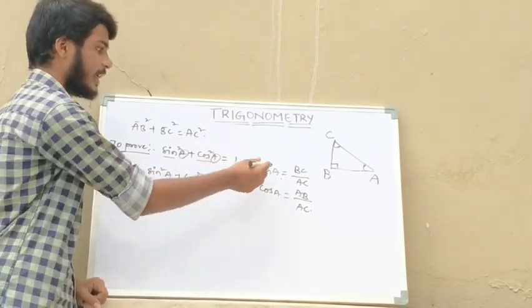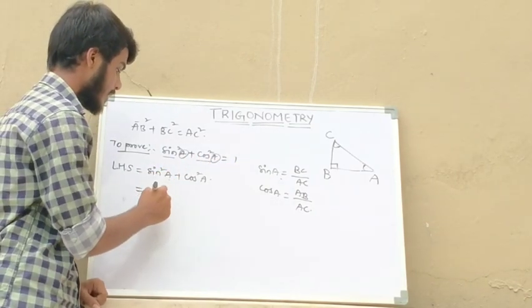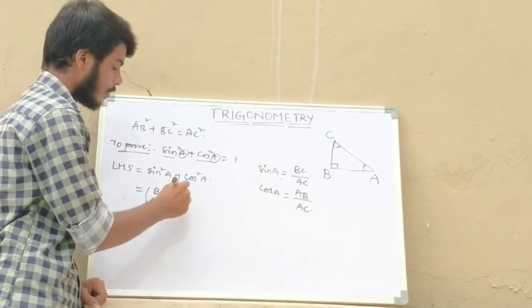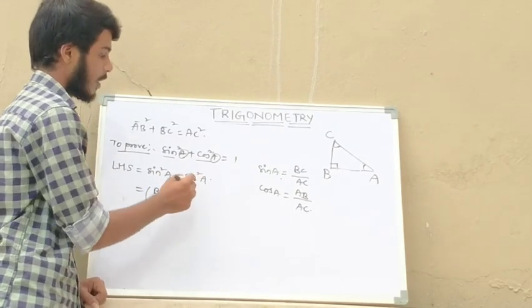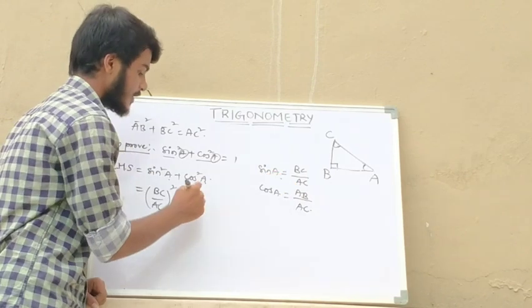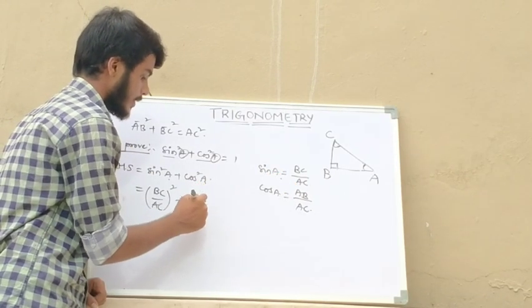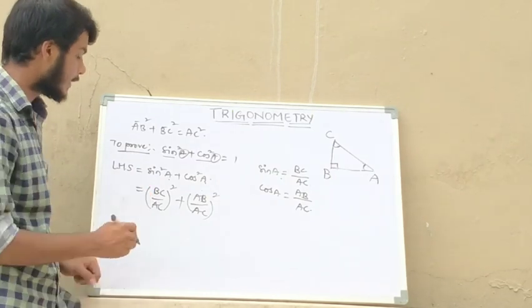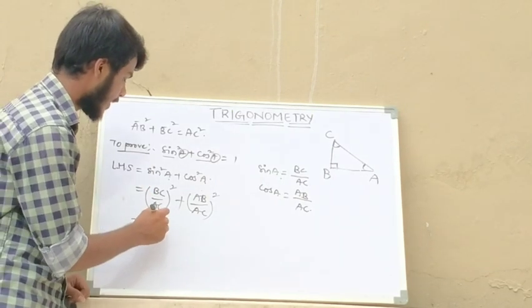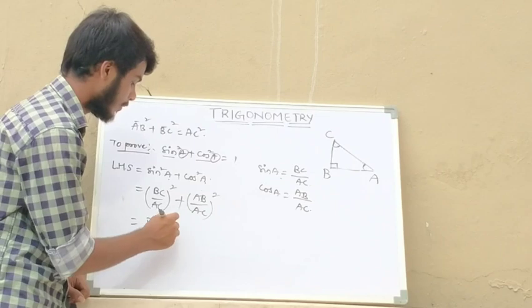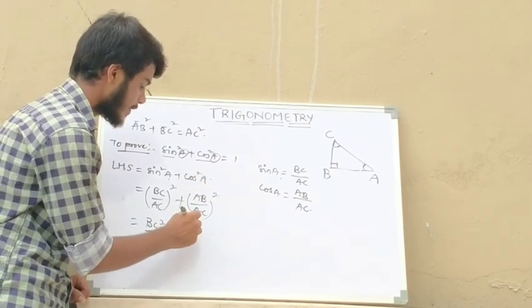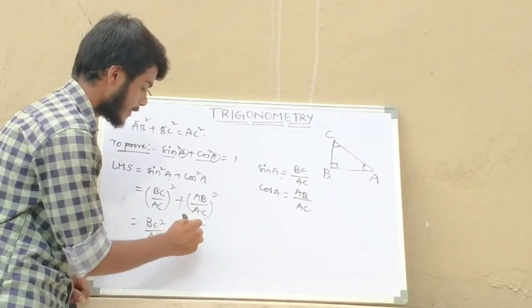So sin A is BC by AC. Here we have square, so we put whole square plus cos square A. Cos A definition is AB by AC whole square. So we get BC square by AC square plus AB square by AC square.